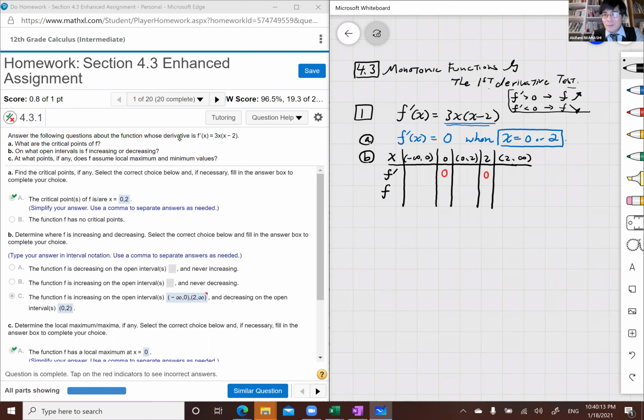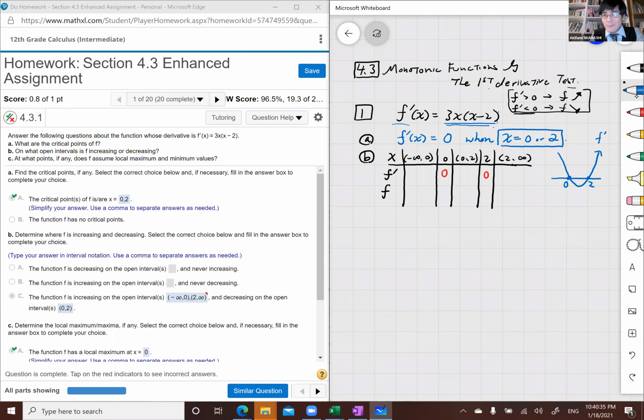So I'm interested to know whether the derivative is positive or negative. Now look at f'. f' is actually a quadratic function, so it looks like this. This is what f' is, and it becomes 0 when x is 0 and when x is 2.